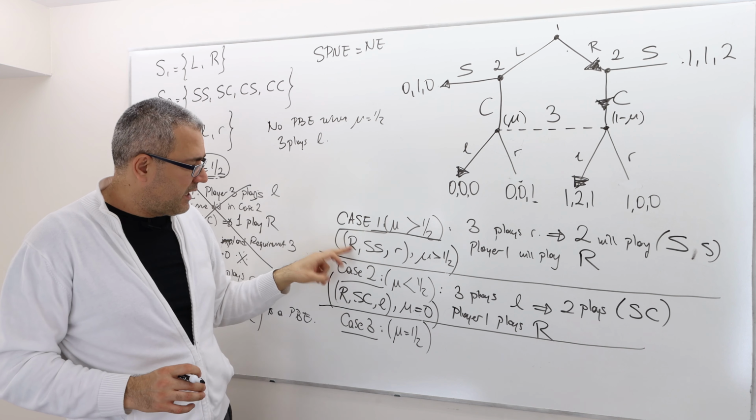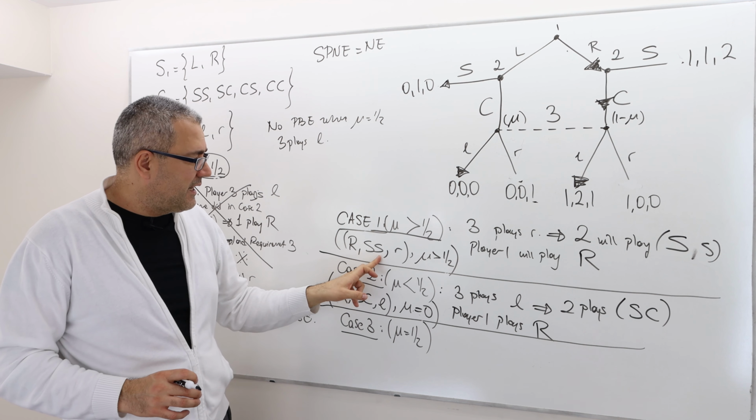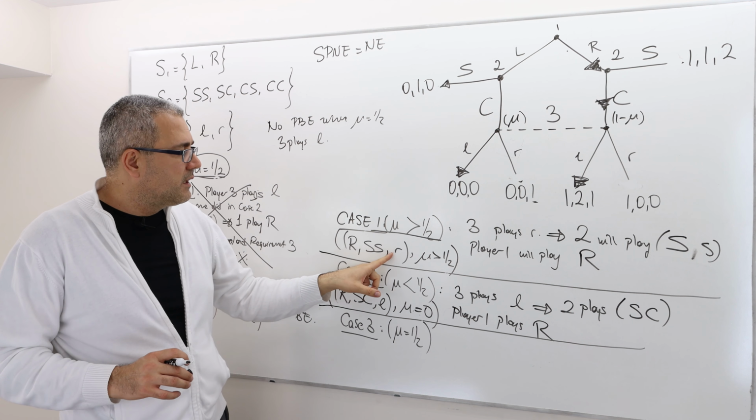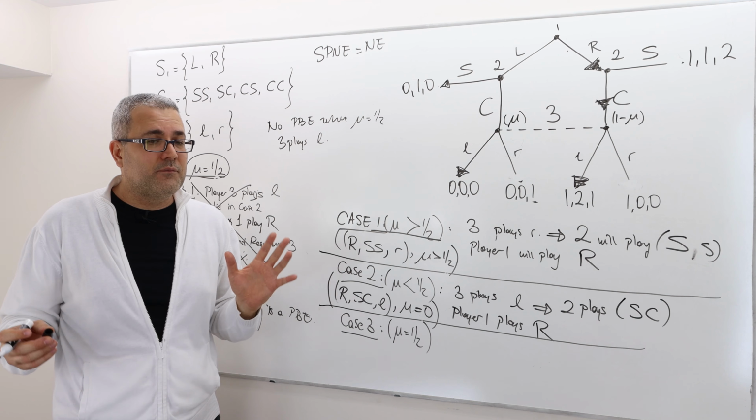R, the first player's action. SS, the second player will finish the game. Small r, the third player's strategy, although his information set will never be reached. And mu is greater than or equal to 1/2. All those mu's will give us a perfect Bayesian equilibrium. So there are infinitely many of them. That's it. I hope that was clear.